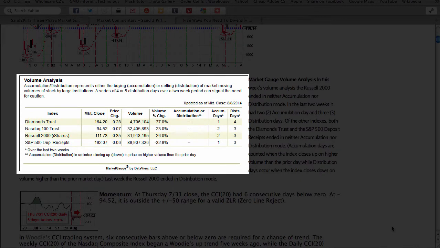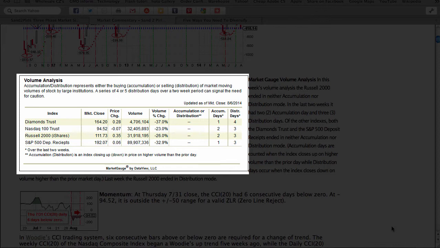Market Gauge Volume Analysis. In this week's volume analysis, the Russell 2000 ended in neither accumulation nor distribution mode. In the last 2 weeks, it had 2 accumulation days and 3 distribution days. Of the other indexes, both the Diamonds Trust and the S&P 500 deposit receipts ended in neither accumulation nor distribution mode.